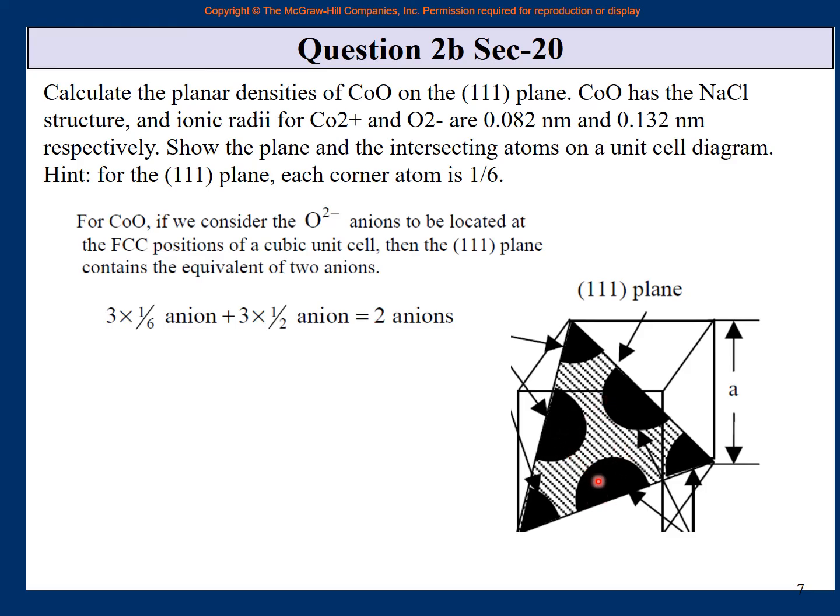It is very simple: there are 3 corner atoms, and I have already given the hint that the corner atoms are 1 by 6, and these atoms in the middle are half. This is very clear. The other half is here. So 3 into 1 by 6 and 3 into half is 2 anions. So 2 equivalent atoms are there on this plane.